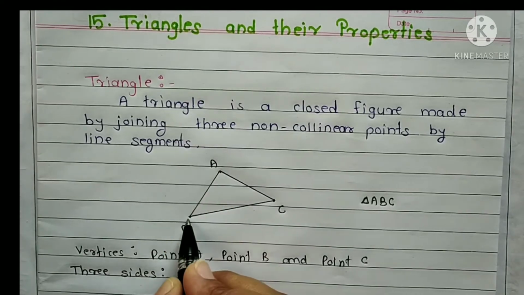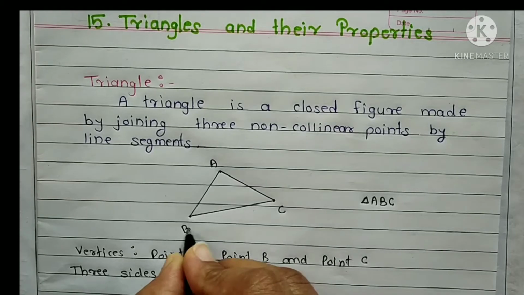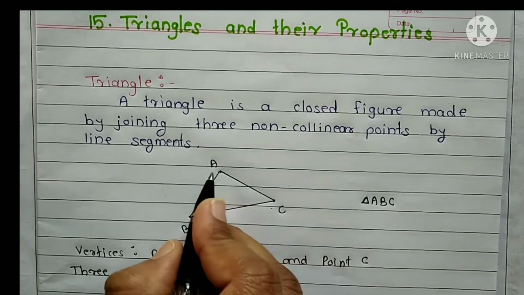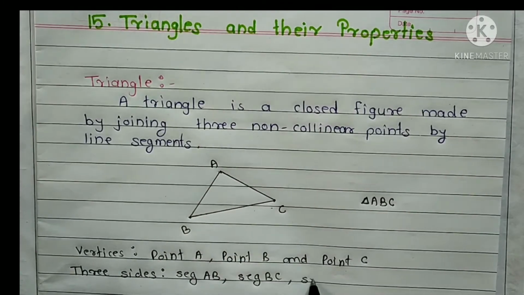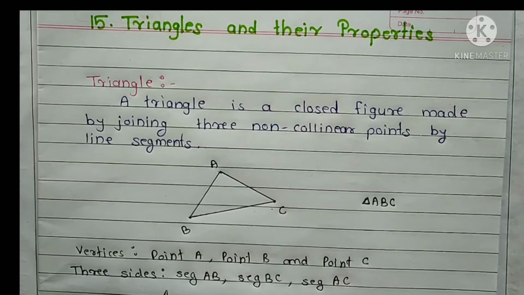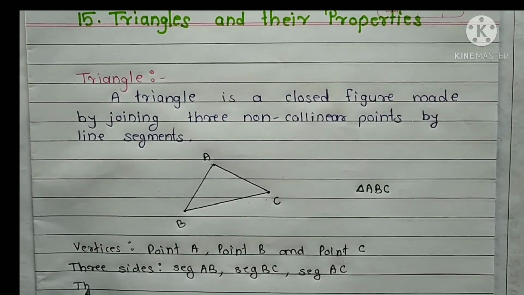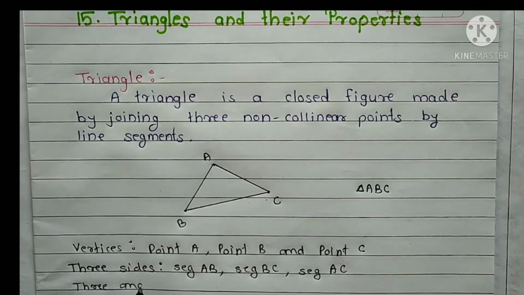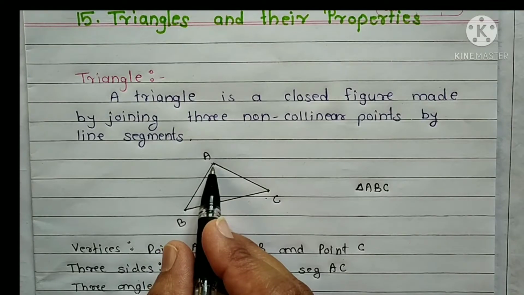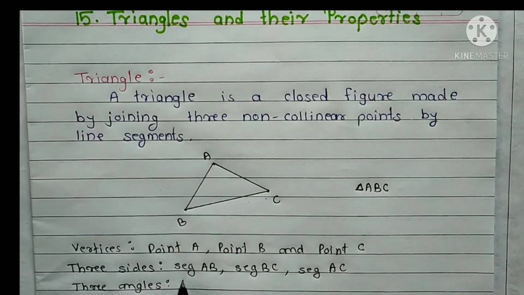These are segment AB, segment BC and segment AC. Triangle has 3 sides and triangle has 3 angles. This is the first angle, that is angle BAC.